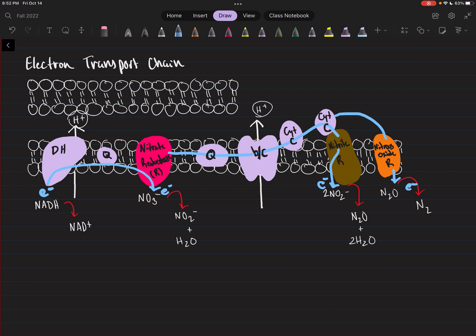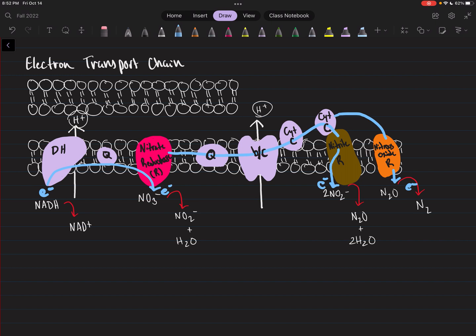It can continue on into a process called denitrification, where nitrite is reduced further into nitrous oxide, and then nitrous oxide is reduced even further into nitrogen gas, which is typically poisonous for cellular processes, and is not extremely common in cells, but it does occur.